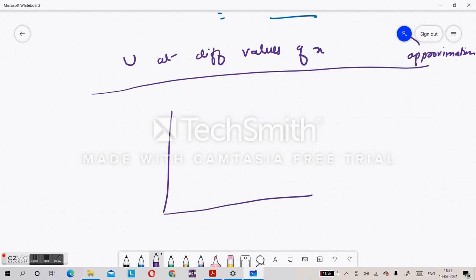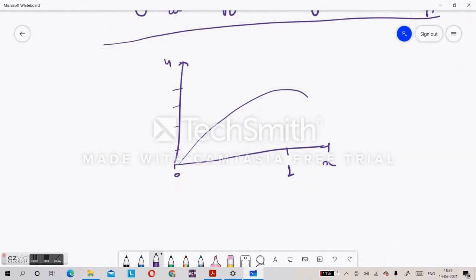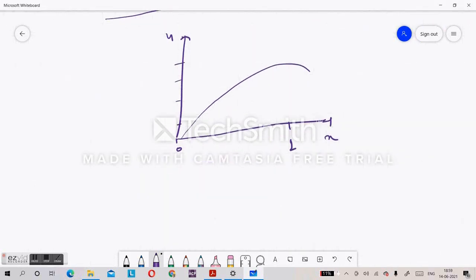And at the last, if they ask for a graph, we can plot a graph with the help of Excel, or do it manually. So this is the graph. Basically it is a rough graph for the presentation. On the x-axis we are plotting the x values, between 0 and 1, and on the y-axis we are plotting the u values, and finally we draw the graph.